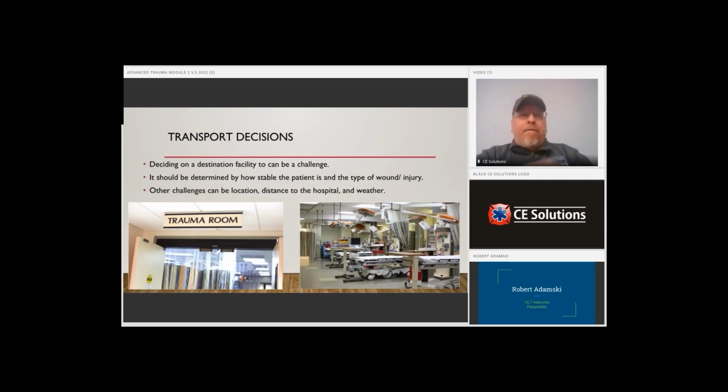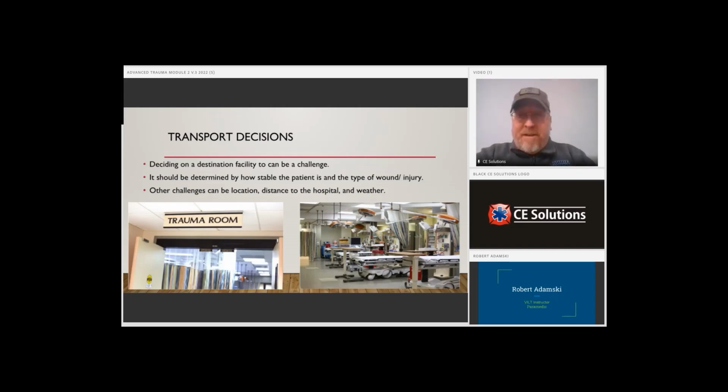Now, follow your local protocols. If you're in an extremely rural area and you don't have a trauma center near you, you may need to transport to a local community hospital, have them stabilized, and then flown out, or directly fly them out from the scene via aeromedical service, via helicopter, for example. But you need to follow your local protocols. But in general, the critically injured hemorrhagic shock patients, especially those that have severe hemorrhage, the class 3, class 4 hemorrhage patients we talked about, those patients definitely need a trauma center.